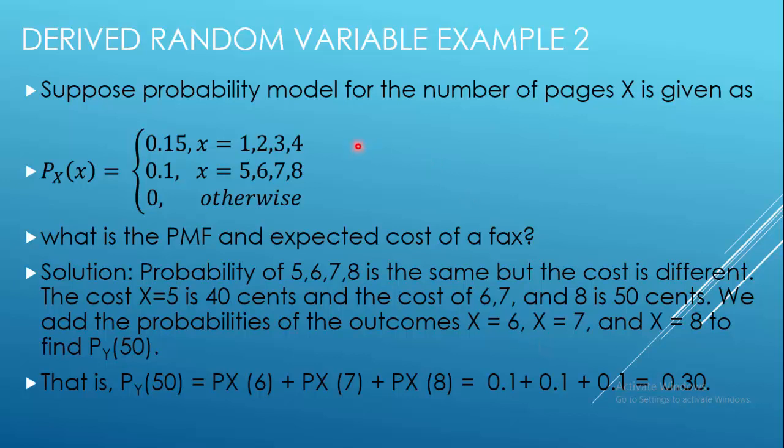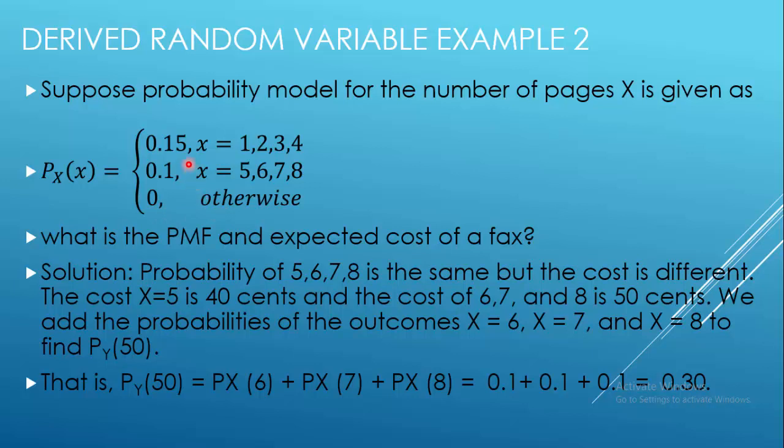Now we continue the same example. The only thing is that we have changed the values a little bit. Suppose the probability mass function for the number of pages x is given as 0.15 for x is equal to 1, 2, 3, 4, 0.1 for x is equal to 5, 6, 7, 8 and 0 probability otherwise.